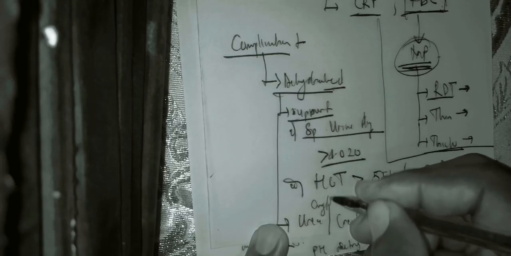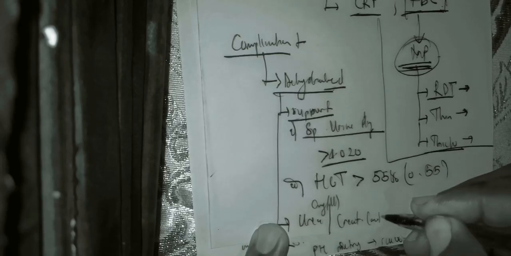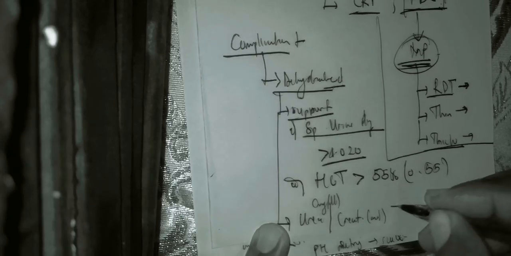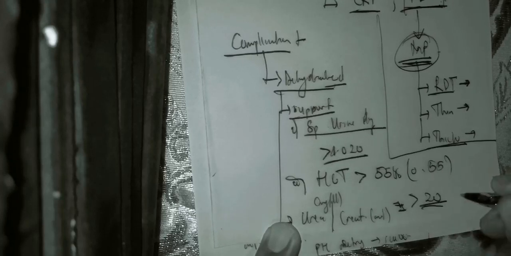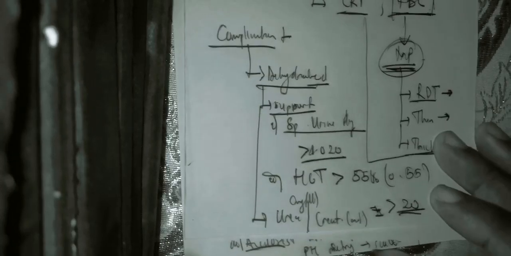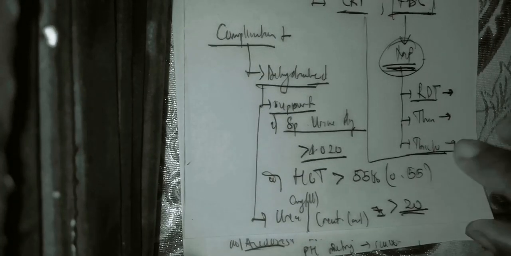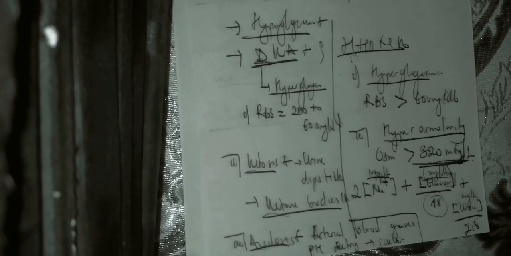And all of them should be in milligram per deciliter. Divide urea over creatinine, and if it is greater than 20, it means that the patient is dehydrated. Is it clear? So those are the investigations that you visualize for diabetes.